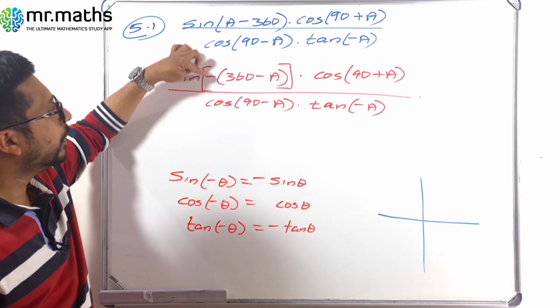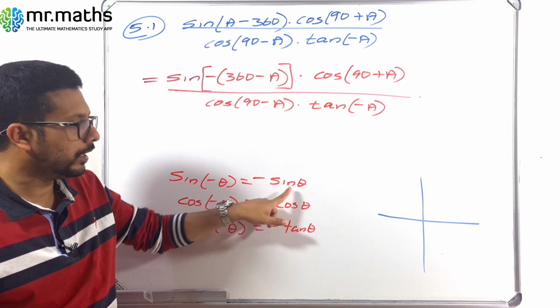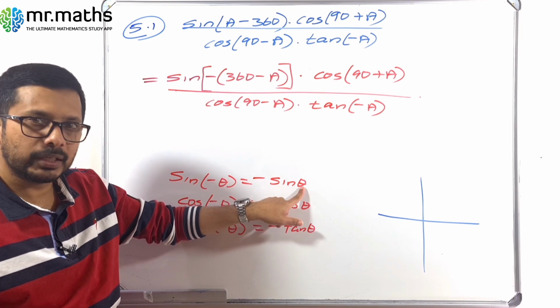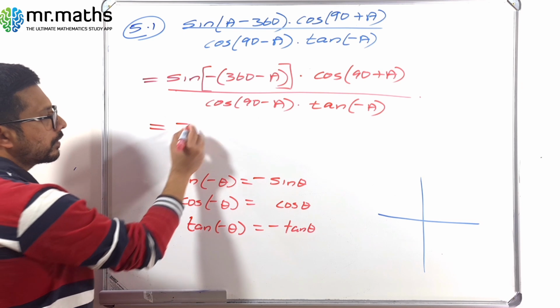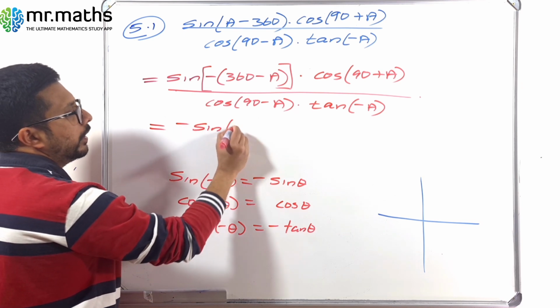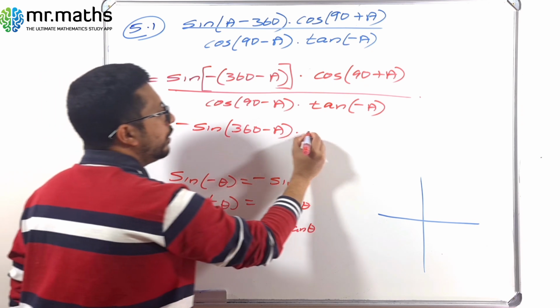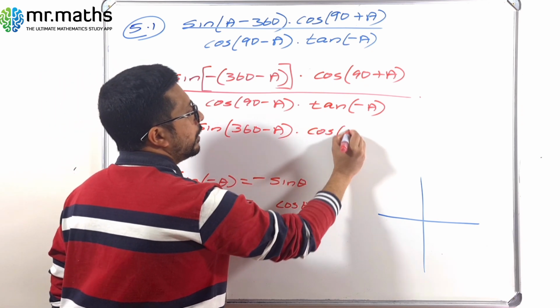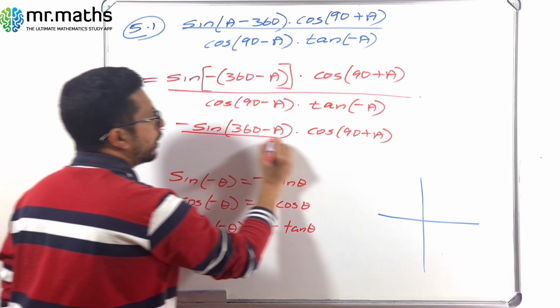Anyway, this sine of minus 360 minus a is minus sine 360 minus a. So look at how I am going to write: minus sine 360 minus a into cos of 90 plus a. We have to apply the reduction formula; we can apply it together.